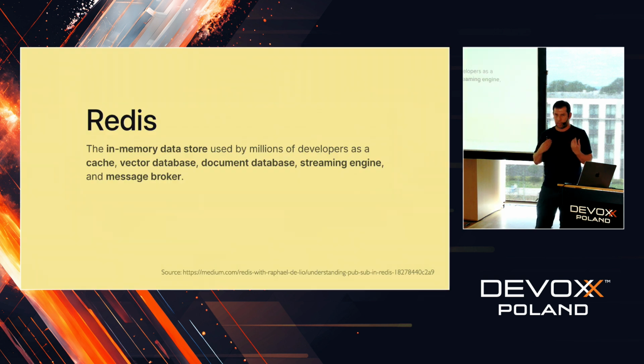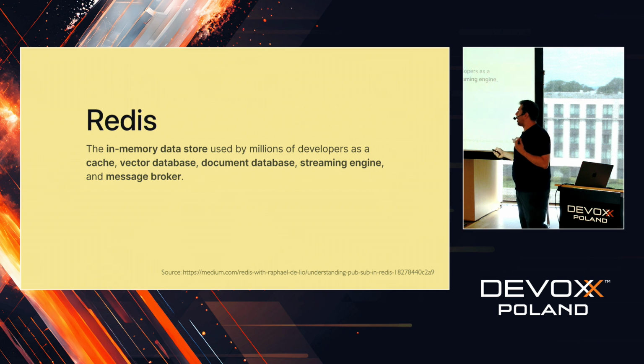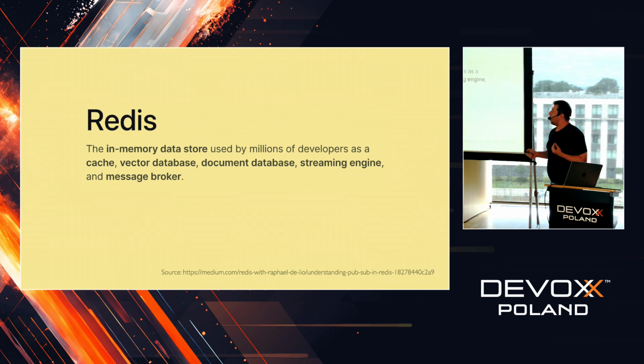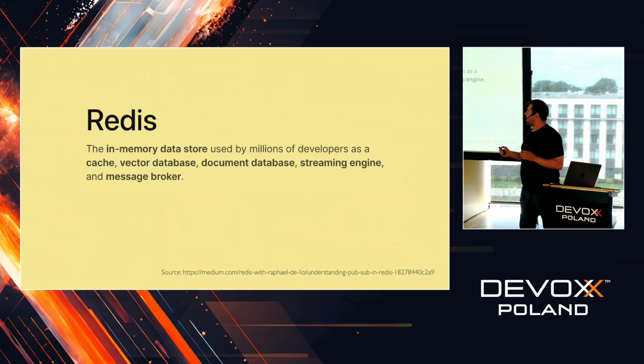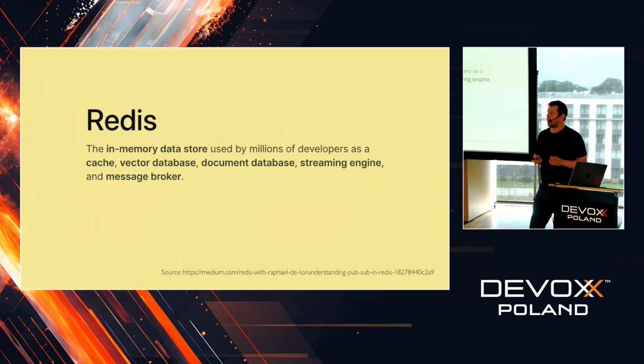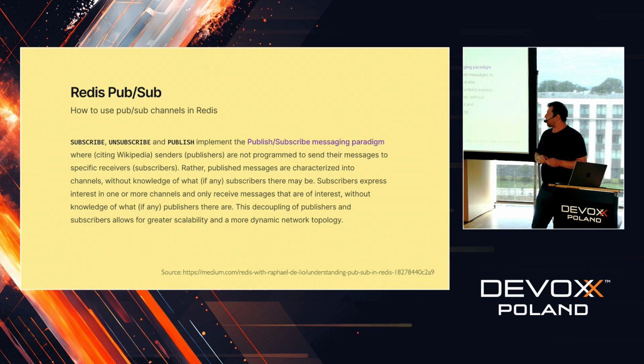So we as developers probably are using Redis as an in-memory data store, for the cache, as a vector database, as a document database, but it also fits as a streaming engine and message broker. So for this particular project, Redis was enough. It was up and running in the infrastructure, so they decided to use it.